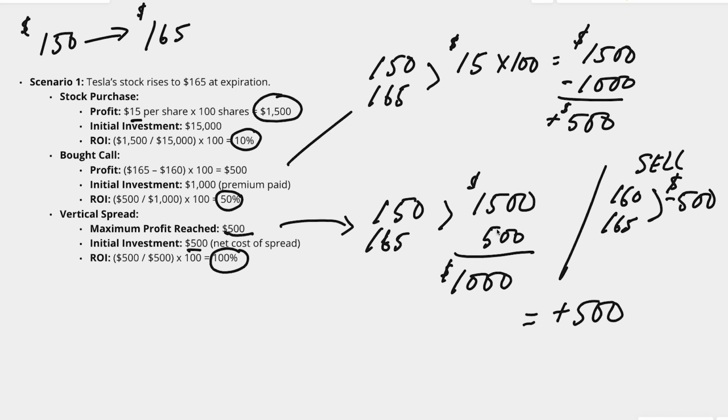We've profited that, and then you could take the $1,000 here and include the credit that you got there, or you can just take the outlay of the total investment here, and then this is the difference in what you would owe on the sell side. So that's scenario one. We can see that return on investment is much better with the vertical spread than the other options when we have a price move here from 150 to 165.